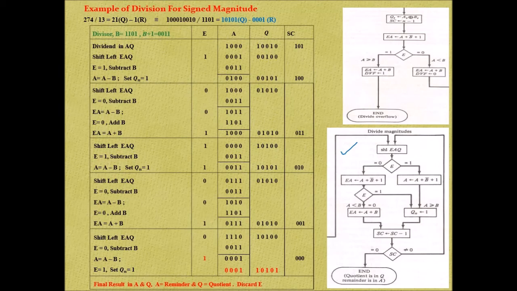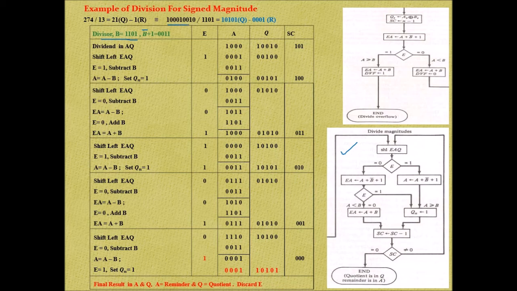Here this is the divisor and it is kept at B, and this is B bar plus 1, which is required for the subtraction operation, that means 2's complement addition. This is the EAQ: E is the flip-flop, A and Q are the registers, and SC is the sequence counter. Here in A and Q we kept the dividend.